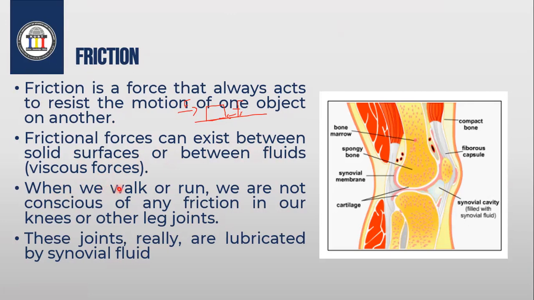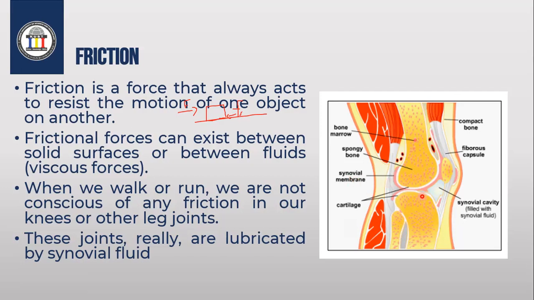When we walk or run, we are not conscious of any friction in our knees or other leg joints. These joints are really lubricated by the synovial fluid. So if you see these two joints, there is no friction between them when you are moving.